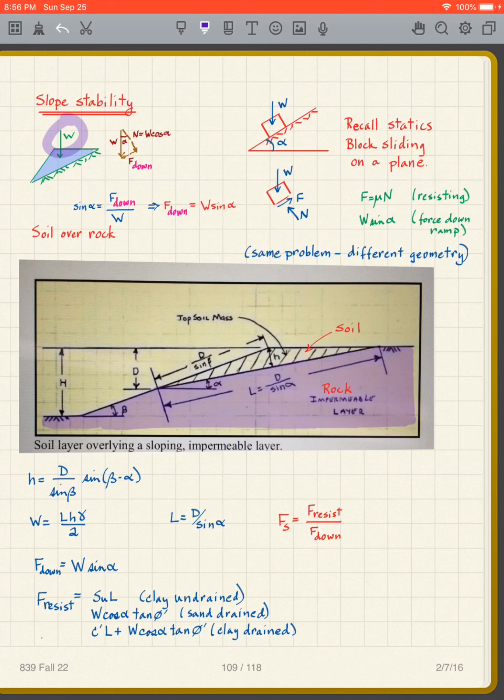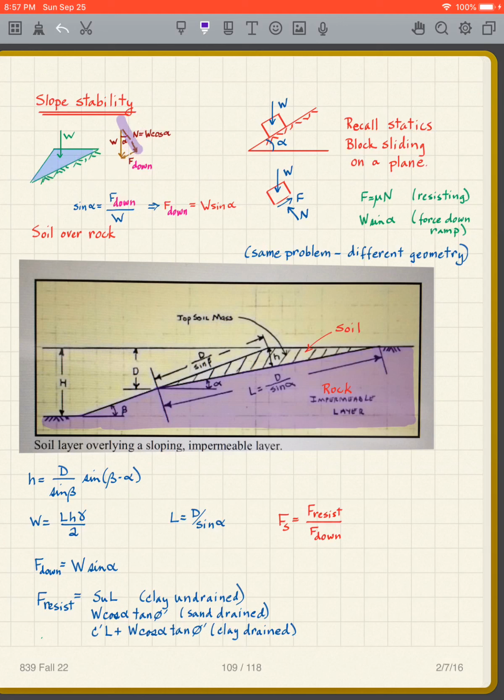That's basically all there is. We need to get the W for this wedge here, and that can be done. But we end up with, again, the force down the ramp. So if I take a free body diagram of this, again, I end up with the weight, and the weight has two components, one that's perpendicular to the slope, this angle here, the ramp, and the other one that's parallel to it.